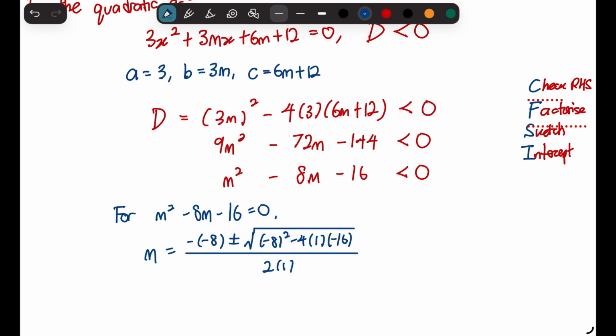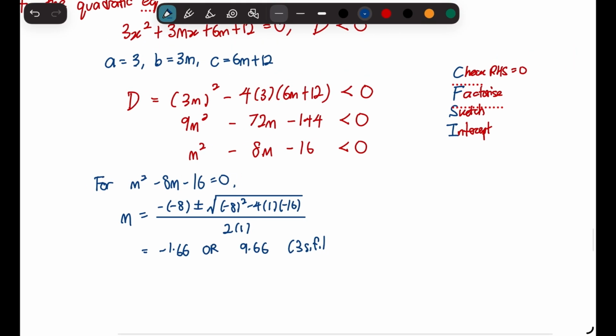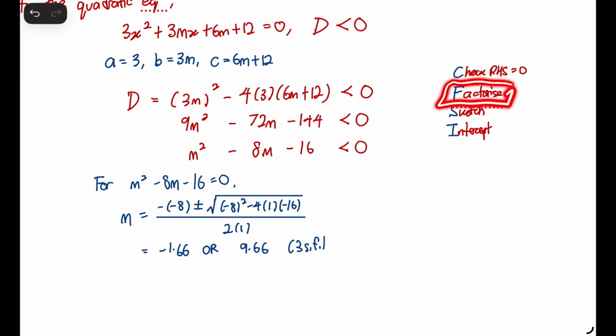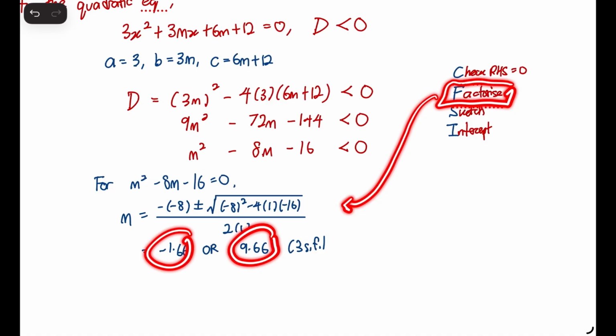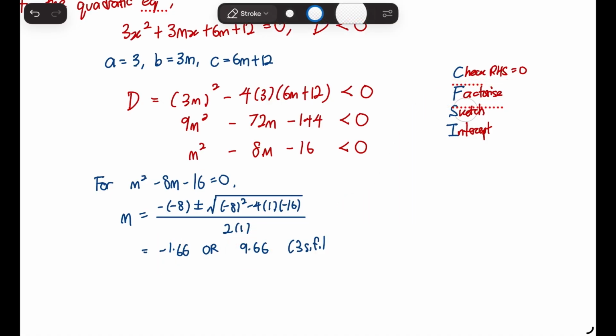I'll get two solutions, which are negative 1.66 or 9.66, rounded off to 3SF. So this means that instead of factorizing, I used the quadratic formula to find my two x-intercepts here. Then from here, I can now move on to the next step, which is sketch.